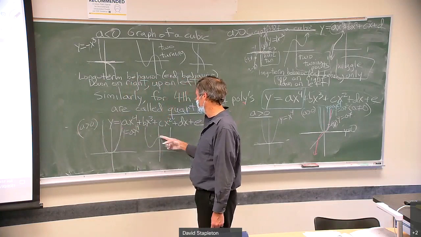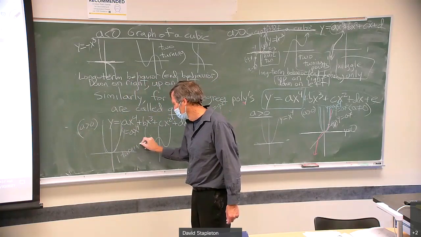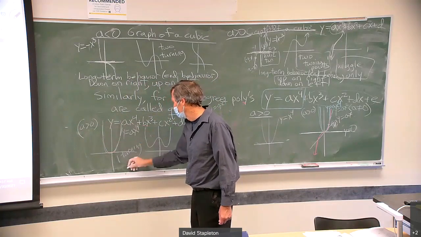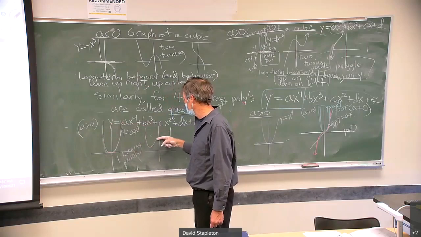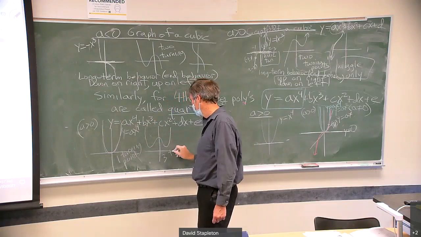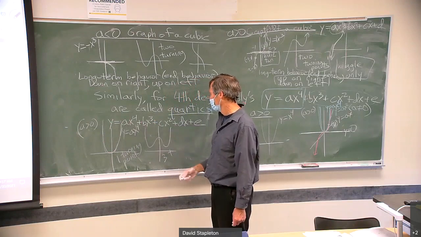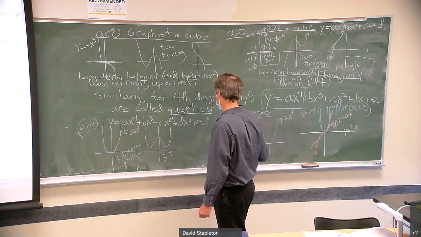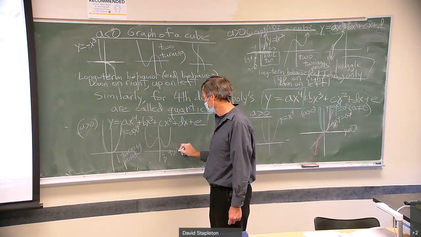It can have one turning point where it goes from down to up. Or we have 3 turning points where it goes down to up, or up to down, or down to up. But it has to go up on both ends because it's a quartic, right? It's dominated by that ax to the fourth term that we know how to graph. So 3 turning points.